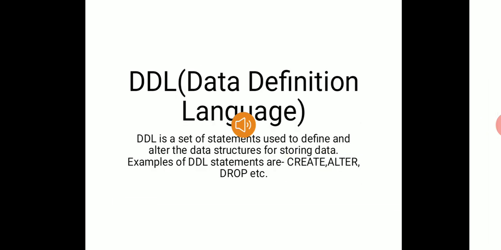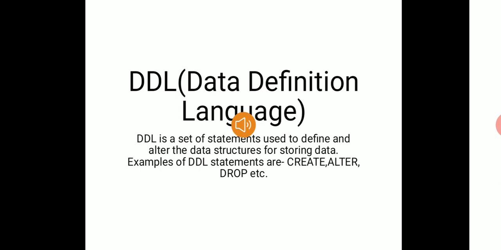Now let's start with DDL, that is Data Definition Language. So DDL statements are basically those statements which are used to describe the structure of a table or a database. The examples of such statements are create, alter, drop, etc. Now, out of these 3, that is create, alter and drop, you are already familiar with the create DDL statement, because with the help of the same create statement you are able to create a table in your class 11 standard.